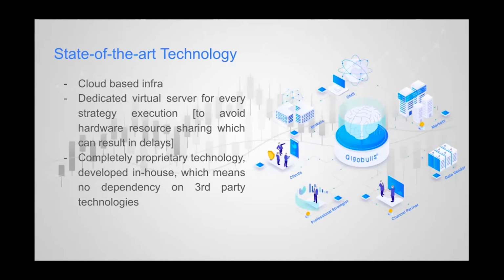We are connected with the market and the OMS platforms which help us place the orders directly in the exchanges. We are connected with the brokers who are intermediaries and allow us via the API to place the order. So basically, we are connected with all the participants in the market, helping the retail participant use the infrastructure we have created and, without even writing a piece of code, do algo trading, which was previously a dream for people.